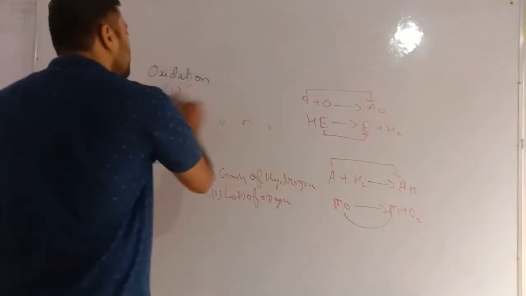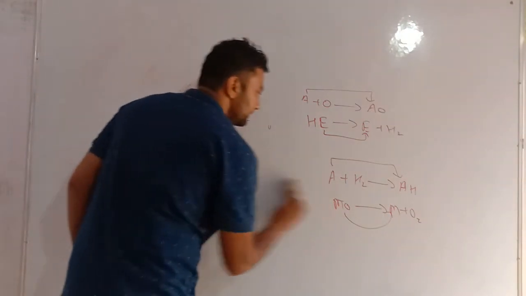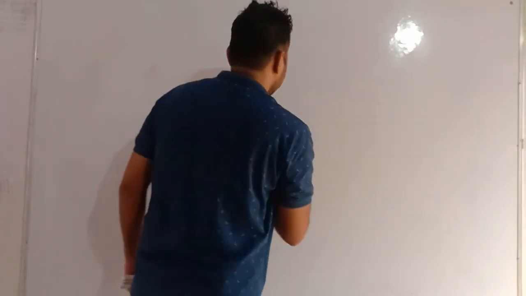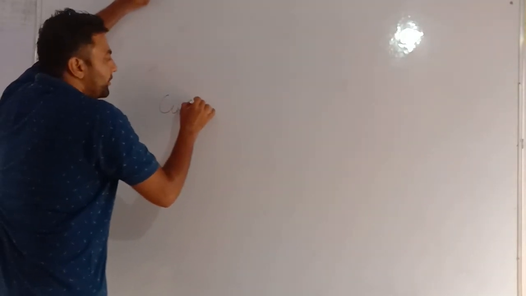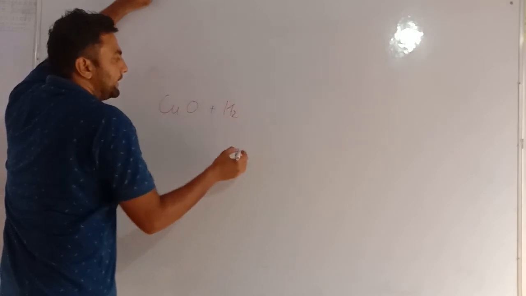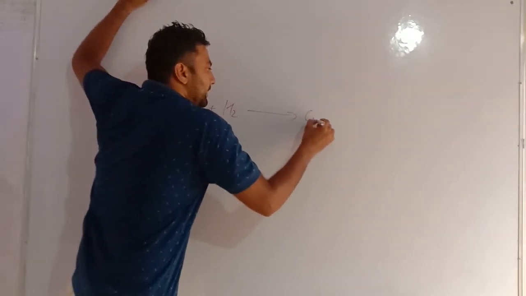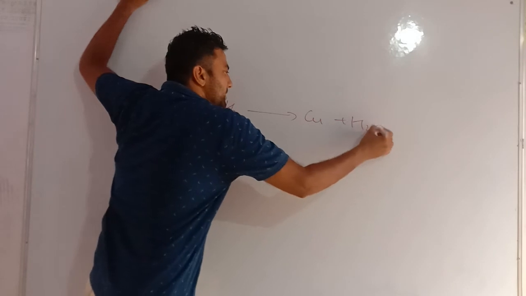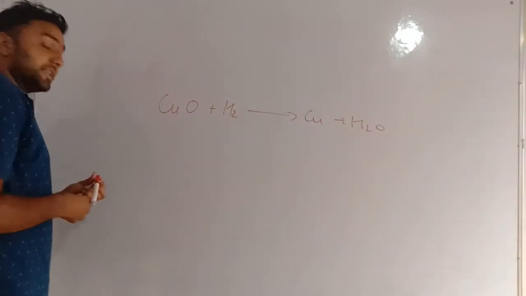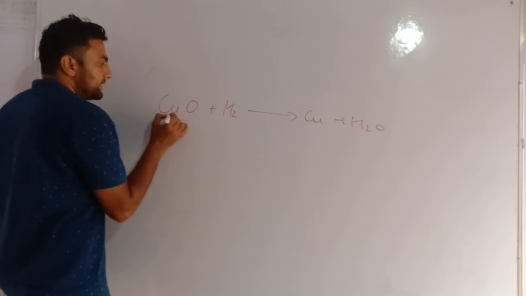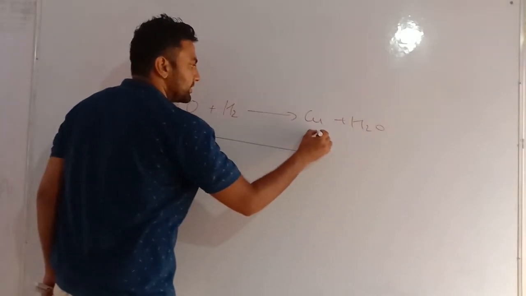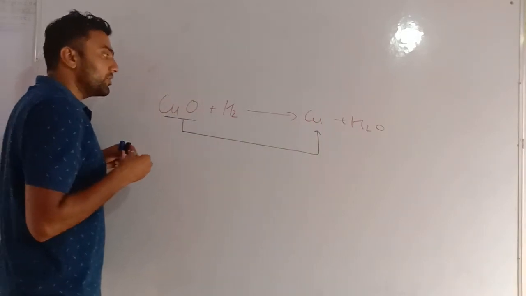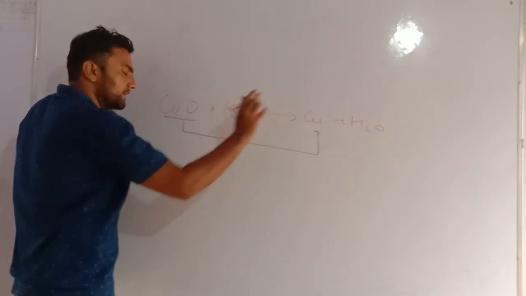We will take few examples. Copper oxide, when heated with hydrogen, we get copper plus water. See, my dear students, on the reactant side you can see copper is having oxygen, but after reaction it has lost oxygen.